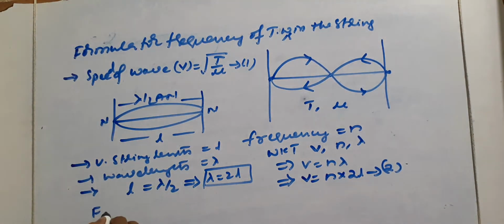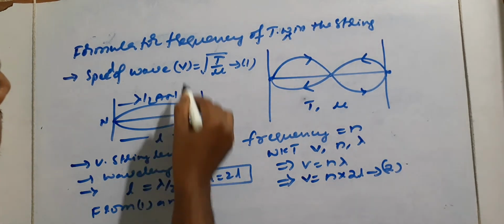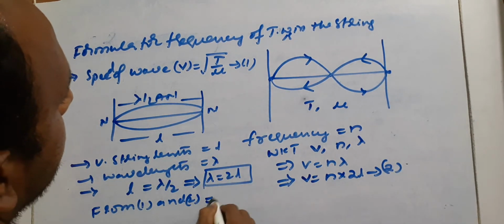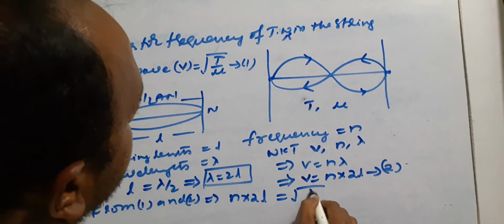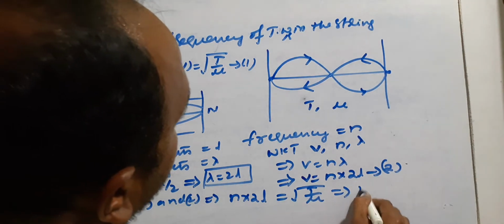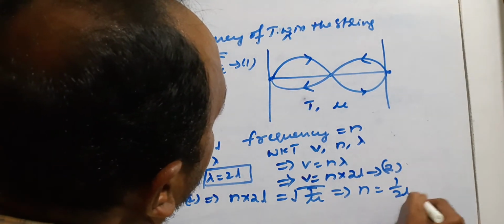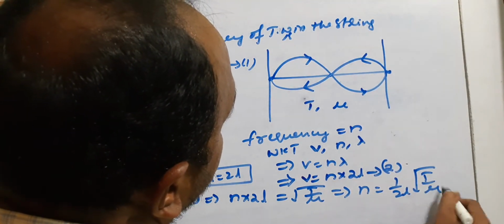Now from equations 1 and 2, in the place of V we can write N into 2L equals square root of T by mu. This implies N equals 1 by 2L into square root of T by mu.